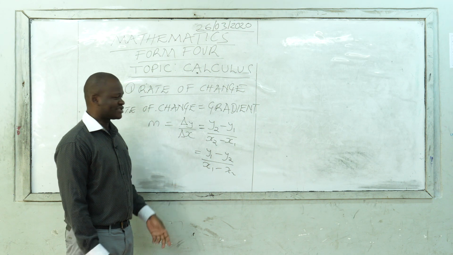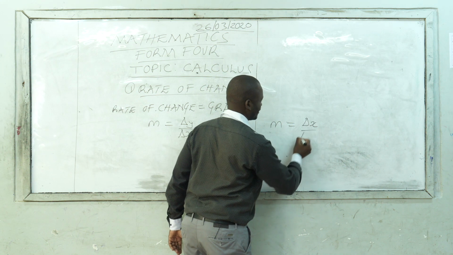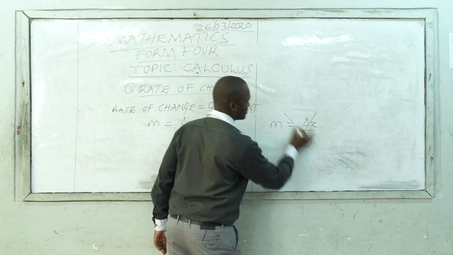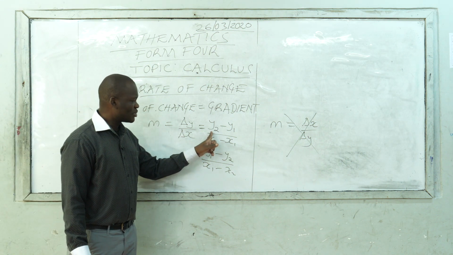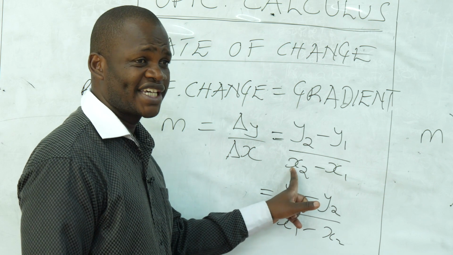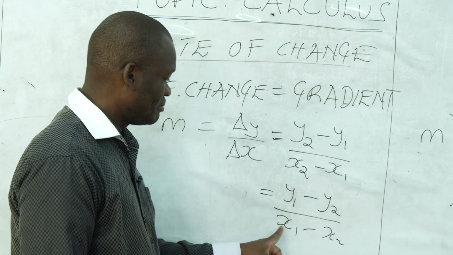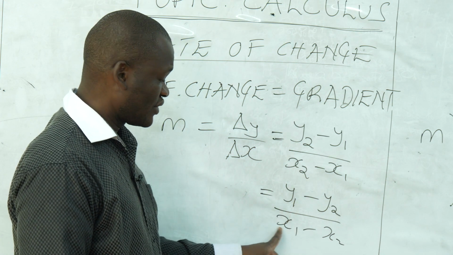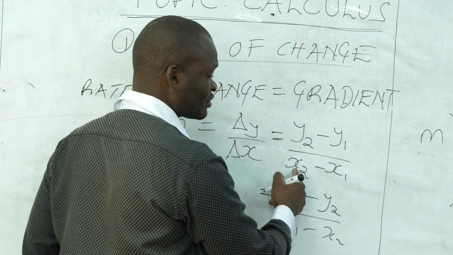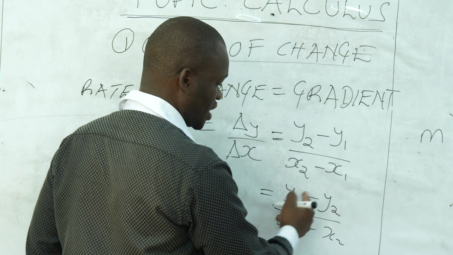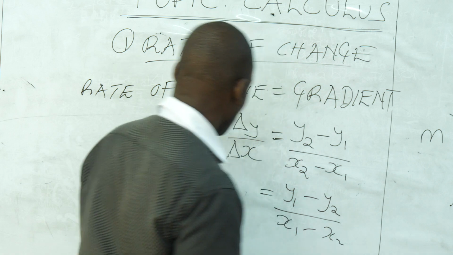A number of times we find students having their gradient given by change in x over change in y. We are saying that is wrong. And then, number two, the moment we begin with y2 there, I should have x2. Maintain that consistency. If you begin with y1, maintain x1, of course, now in the denominator. So it's y2 minus y1 over x2 minus x1, or y1 minus y2 over x1 minus x2.